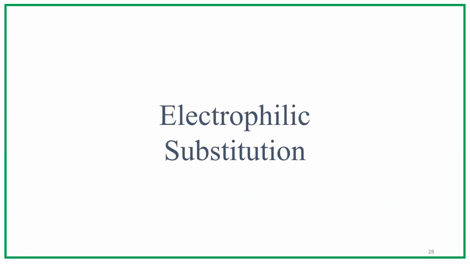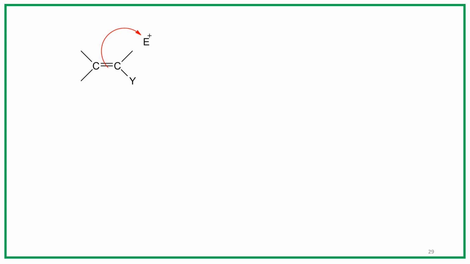Next type is electrophilic substitution reaction. This is a similar example. Here, however, I put Y. Y means some kind of group. Let's think about Y as some group attached directly to this double bond. Then what happened?